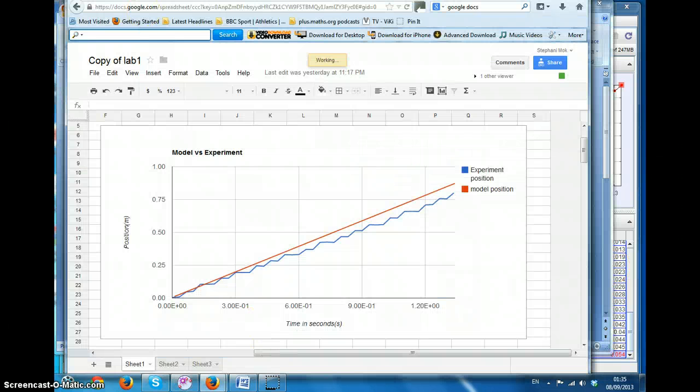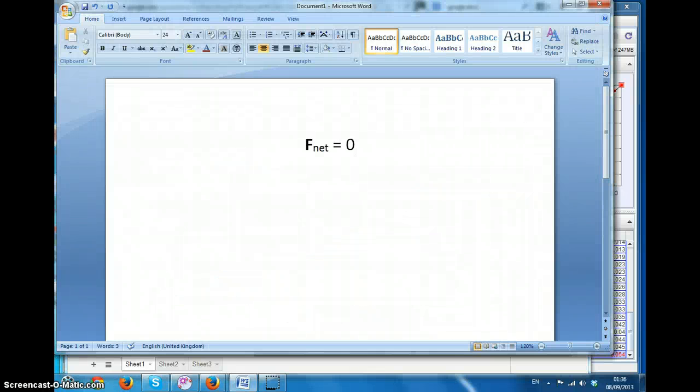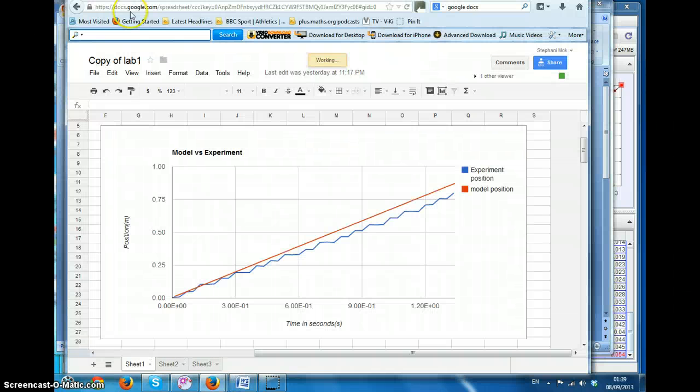Also, we ignore the effects of friction. I believe this is implied by our assumption that F net equals 0. So I'm wondering if these assumptions might account for the slightly poor match between my experimental data and the computer model data. Also, I may have started the analysis of frames too early.